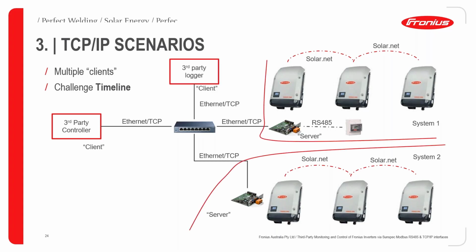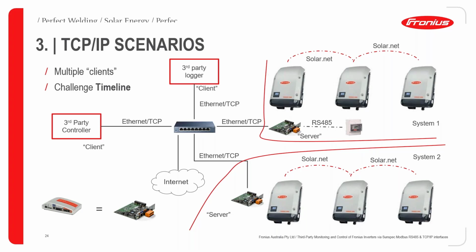The difference there is now if we try to separate those systems, so we have system 1 and 2. Let's add another logger. This is also possible. You can increase the number of loggers as well. In terms of the cards, you don't necessarily have to use the cards. You can use cards and/or boxes. This depends on what's best for your application. And you can also have internet there as well with Modbus TCP integration.